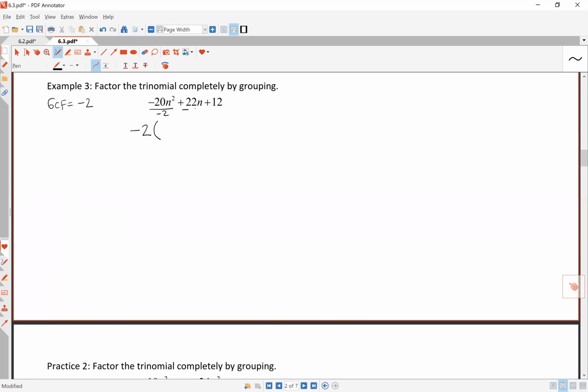Dividing everything by negative 2 gives me 10n squared minus 11n minus 6. Now I have the negative 2 out. It's just going to go along throughout the problem, and it's going to be in our end answer.